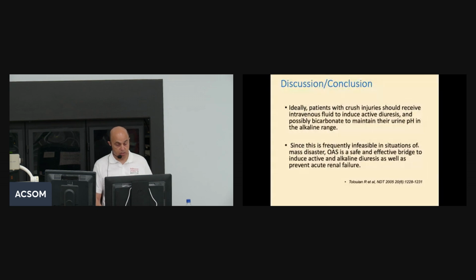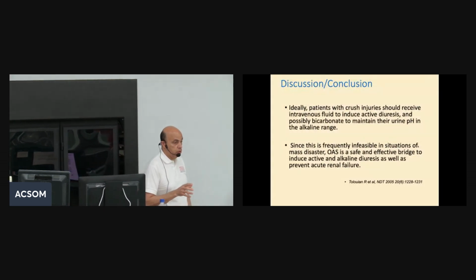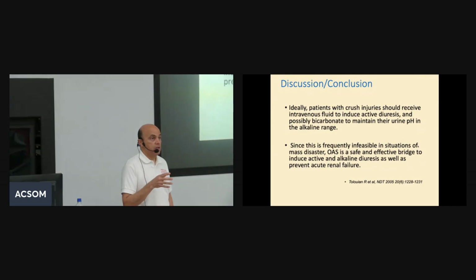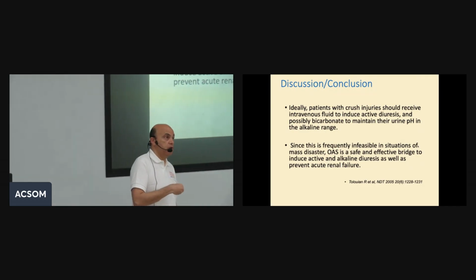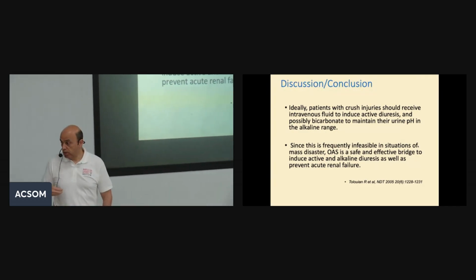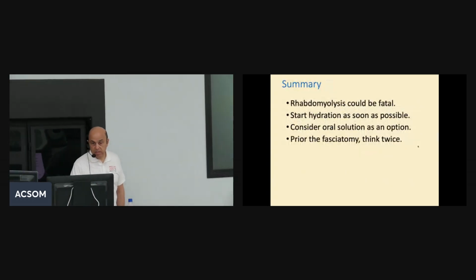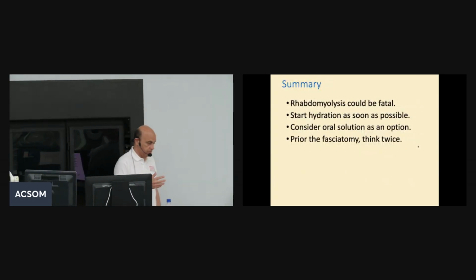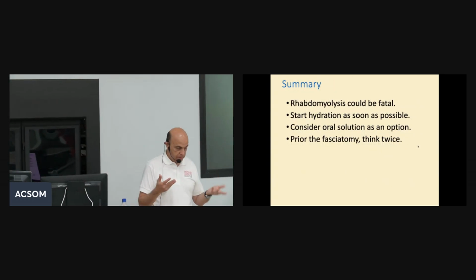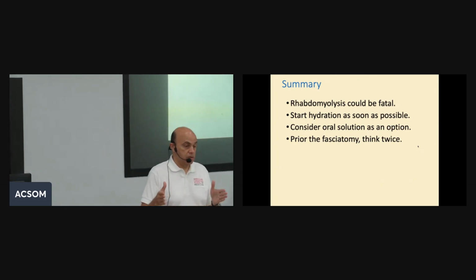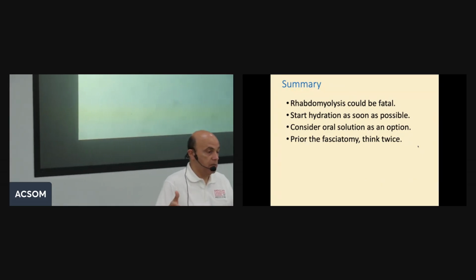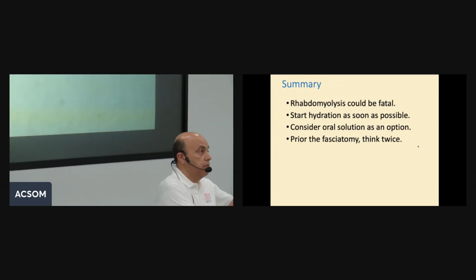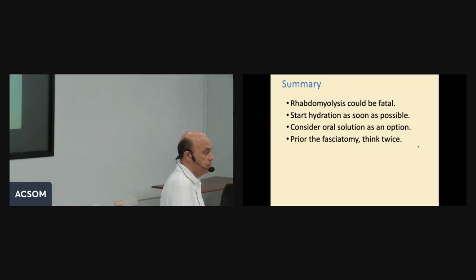The conclusion was that maybe if we use some type of oral agent in that setting to make urine alkaline, it might be a preventive method to buy time from the field to the medical center to get the treatment.